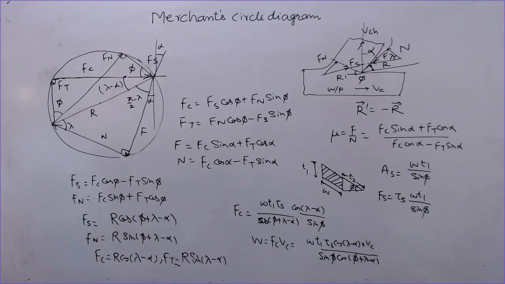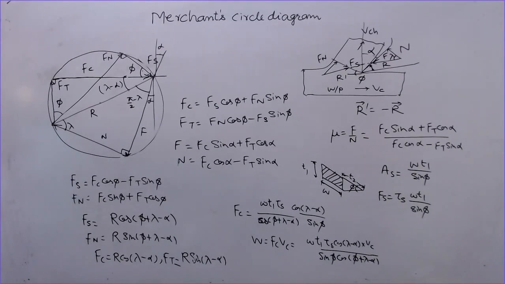So for a given value of the rake angle and the combination of workpiece and the chip, that is for a given value of lambda, and all other parameters are constant, the work expended during cutting is a function of phi only.